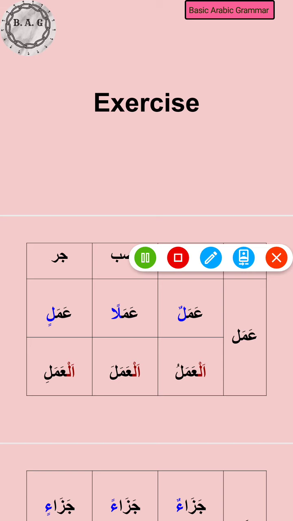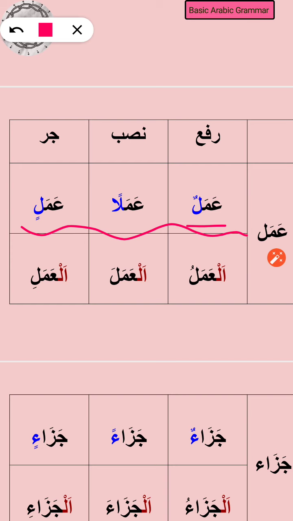Okay, let's zoom it a bit. Al amalu is the deed or the act. The deed, actually, that is more appropriate. So, the deed and a deed.